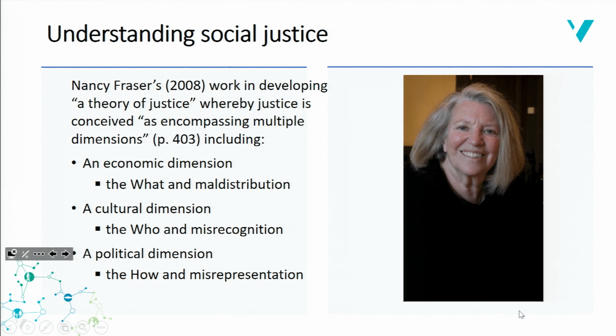In order to get at the social justice aspects of it, we have been working with the ideas of Nancy Fraser, who is rethinking what social justice should be. And she has 3 dimensions to this: the economic dimension, the cultural dimension, and the political dimension. The what and maldistribution.